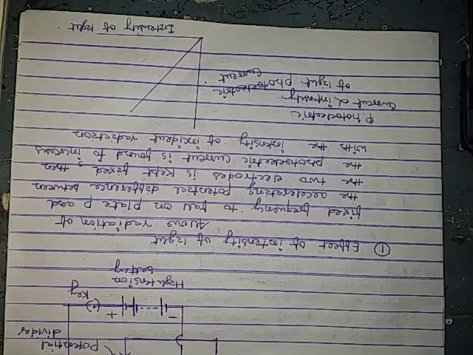If we increase the intensity of light, the number of photoelectrons emitted also increases, or the photoelectric current also increases.